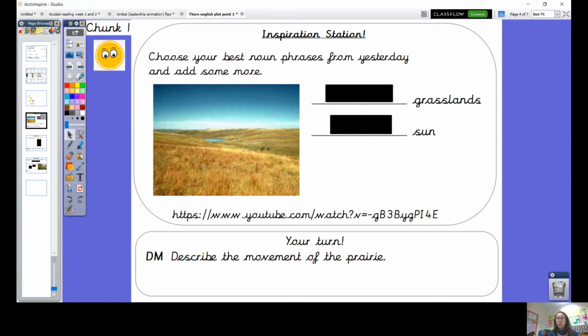So give yourself maybe 4 or 5 minutes just to have a think around that. If you've got a thesaurus at home, that might be handy as well, or you can actually find synonyms on Google too. So do what you can, use the resources that you've got on this, and I'll give you a couple of my ideas in a moment if you're very stuck. So pause the video now and do that.